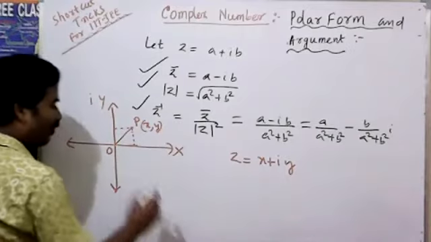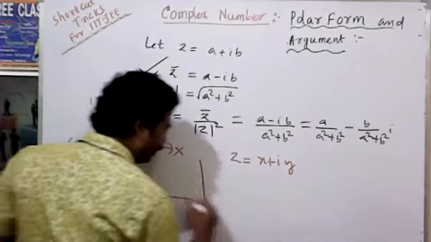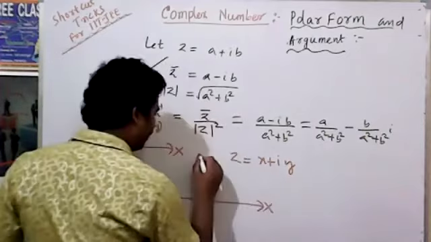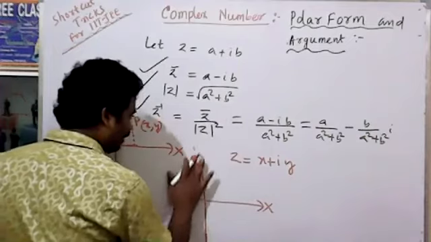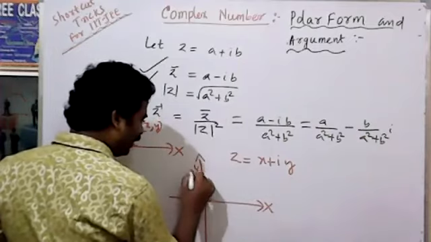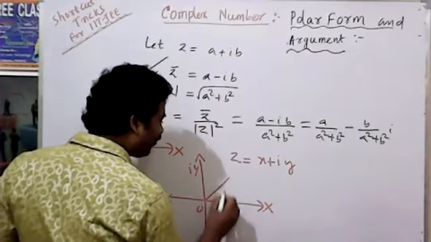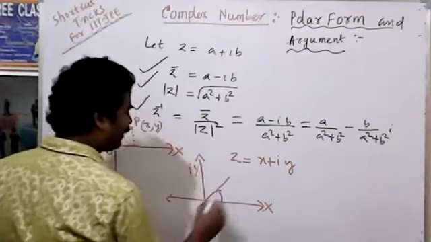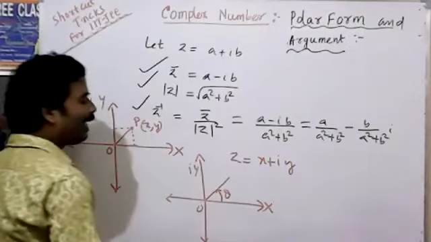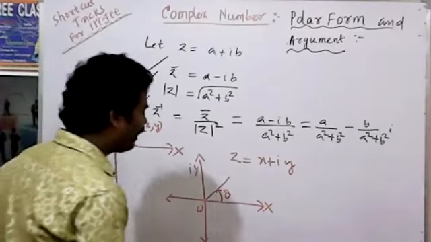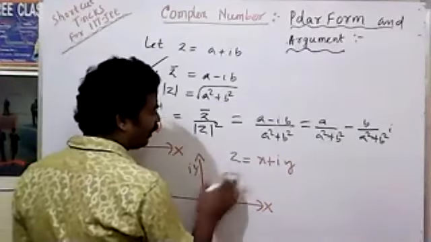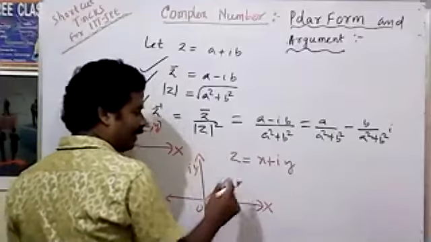If it is in this format, the imaginary axis comes to the theta formation. This is theta. Theta is the angle between x and y. It is the rotation angle.